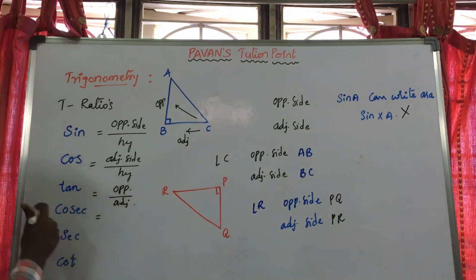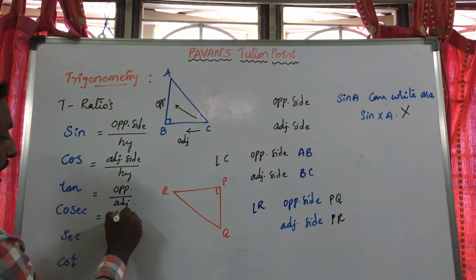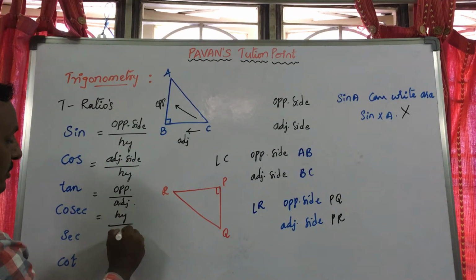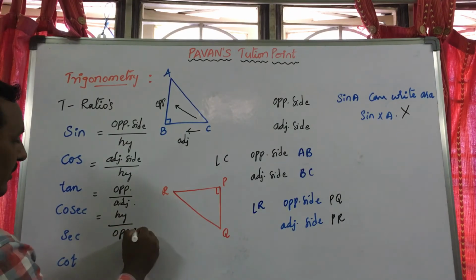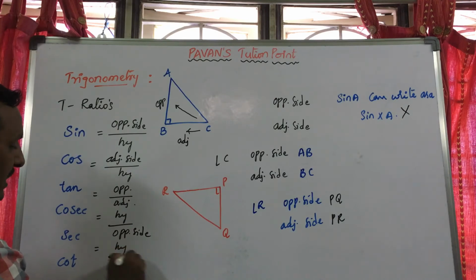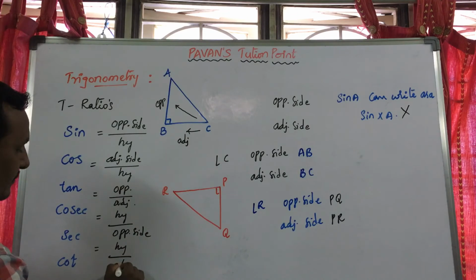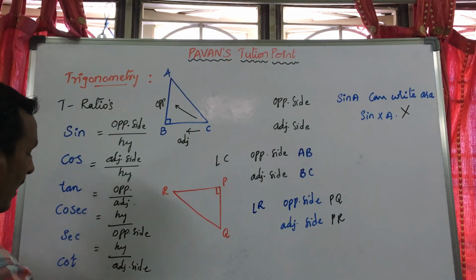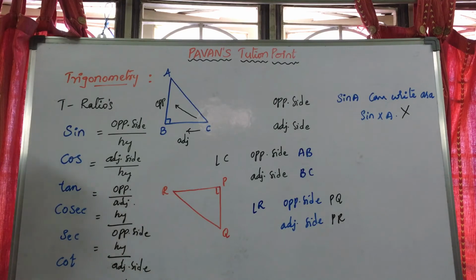Cosecant is hypotenuse by opposite side. The secant is hypotenuse by adjacent side. And the cot is adjacent side by opposite side. So these are all the trigonometric ratios.